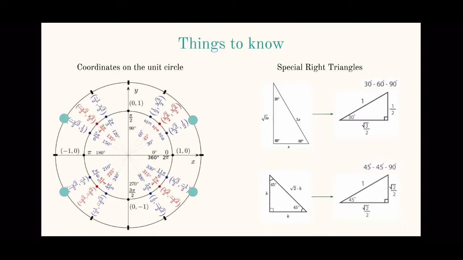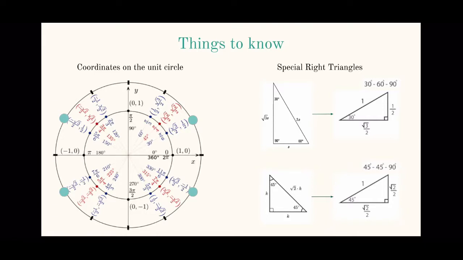30 degrees, that sounds familiar, right? Because the unit circle is made out of special right triangles with the angles of 45, 45, 90 and 30, 60, 90, which can be seen on the right side. 30, 60, 90 triangles are made up of sides with the lengths of rad 3a, 2a, and a.